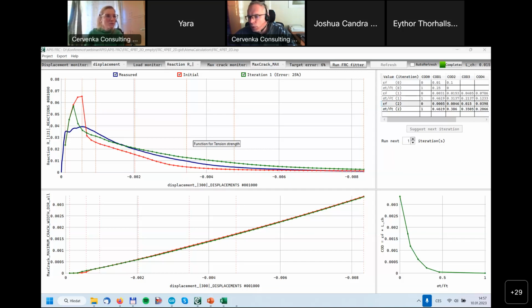There is one more question by Stanislav Aidarov. Should the FCMOD relationship be transformed analytically to F displacement in case of dealing with three-point bending? Three-point bending. I'm not sure what you mean because, okay, I see.